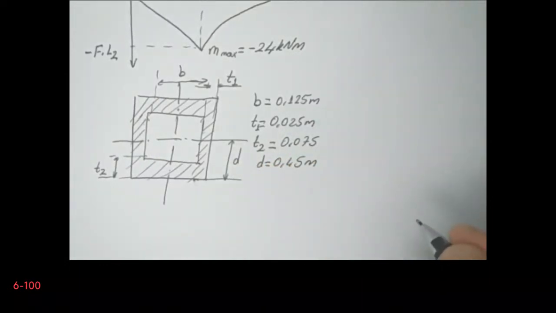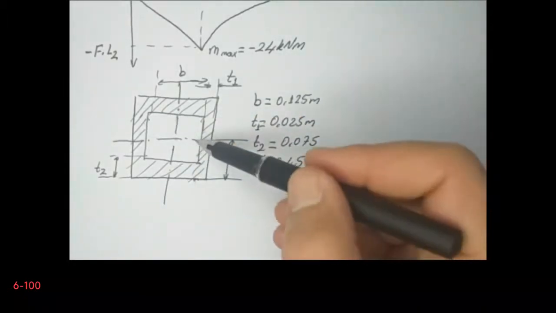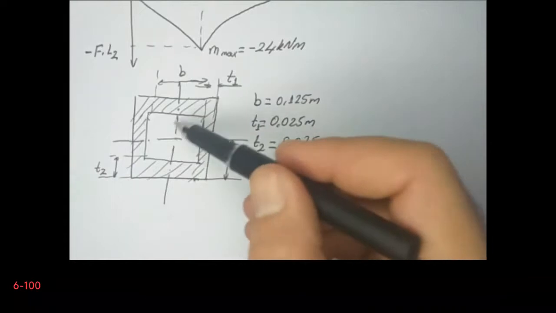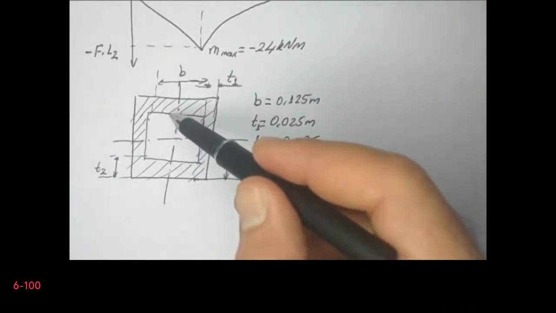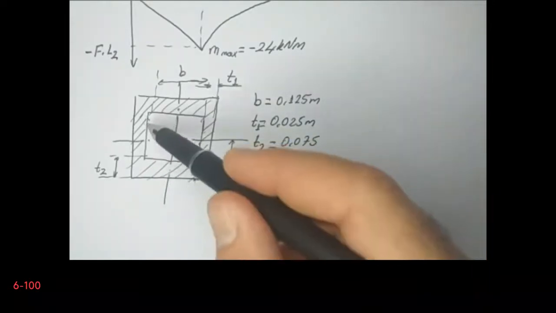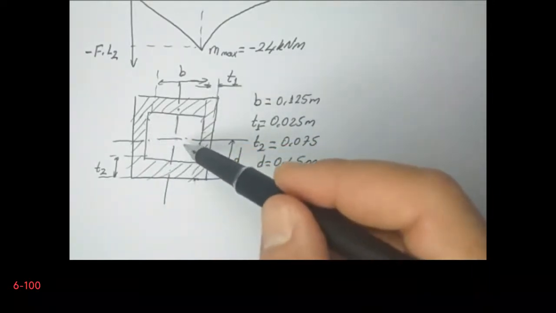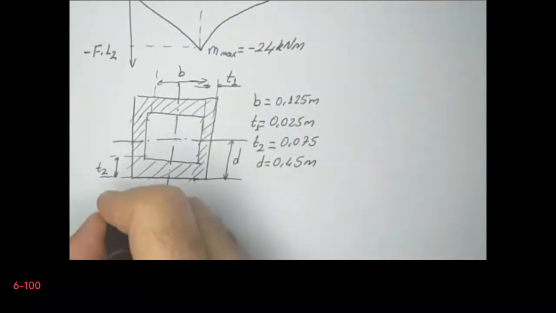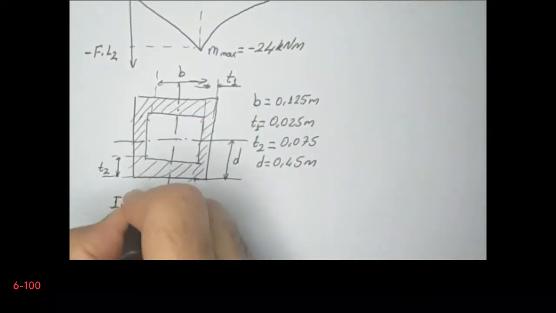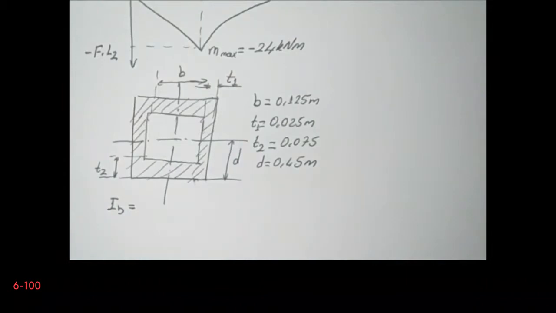Now we will calculate the bending moment of inertia with respect to the center. In fact, it's hollow, so first we will consider that the whole cross section is filled, and we will calculate the bending moment of inertia of this filled part.